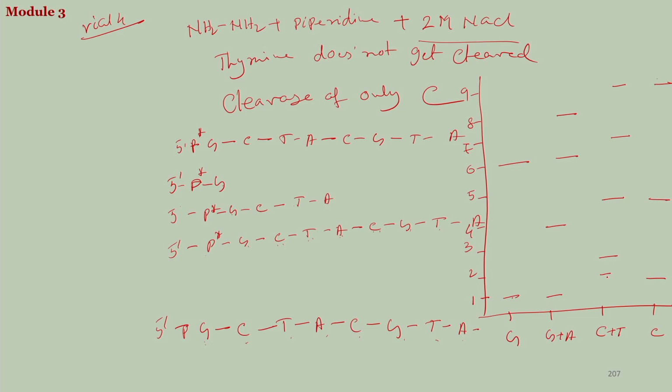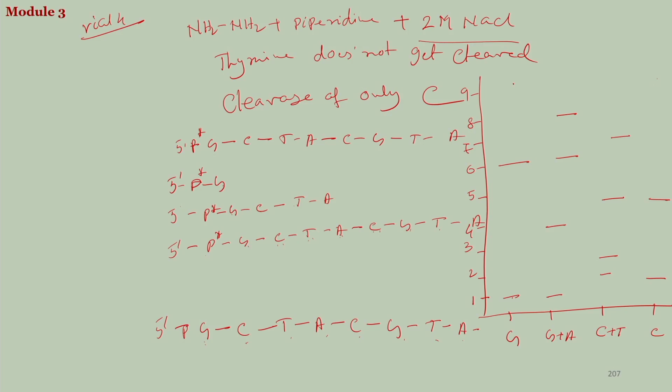So far C, G, C, T, A is good. C, G is also correct. C, G, 1, 2, 3, 4, 5, 6, 7. 7 is C plus T. So, this is A, this is T, and the last one, there has been a mistake somewhere.